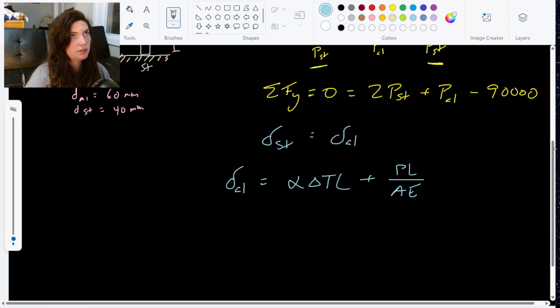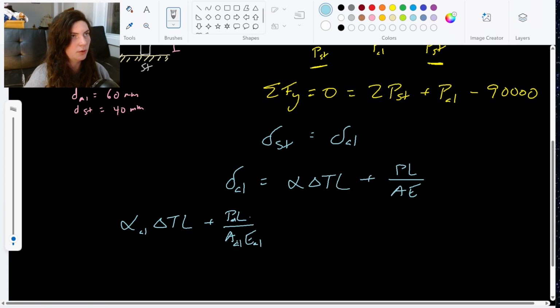We could do both, right? We could set up alpha aluminum, delta T length plus load length over area, which is different for aluminum. Modulus of elasticity for aluminum.